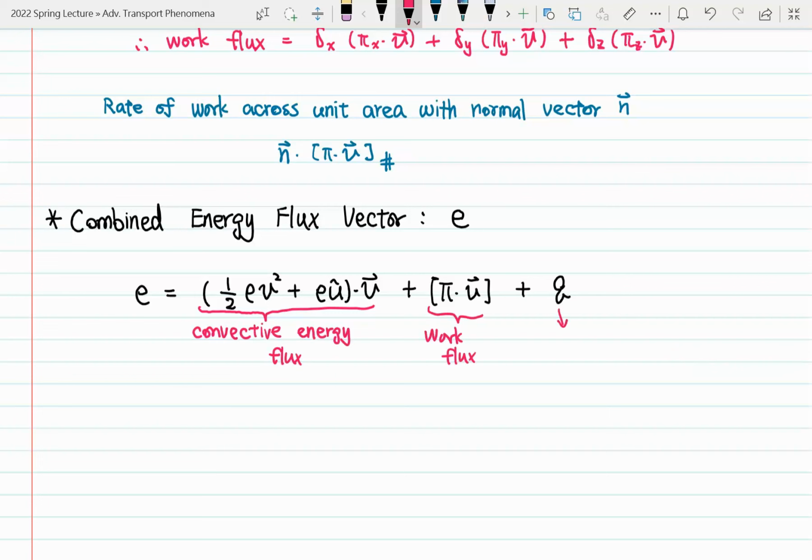And this is, let's just say conduction. Let's call it a molecular mechanism. Okay.